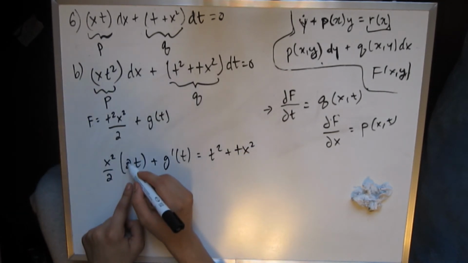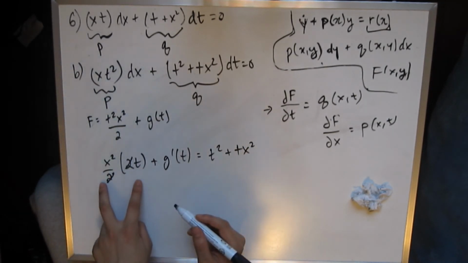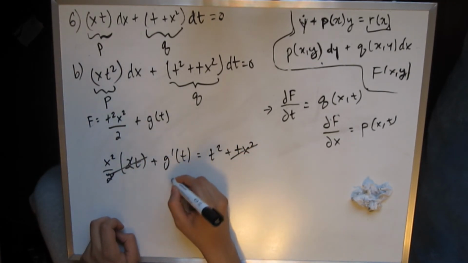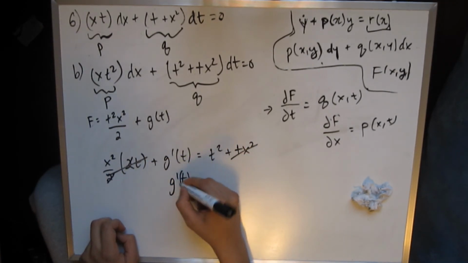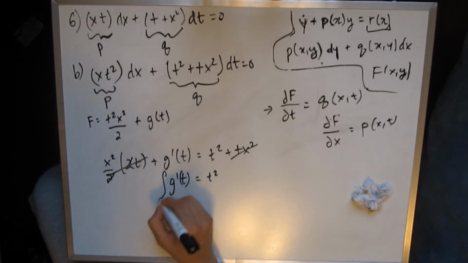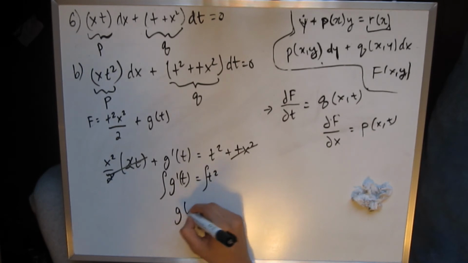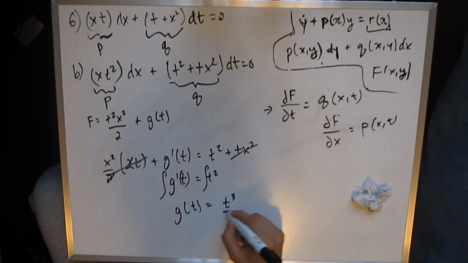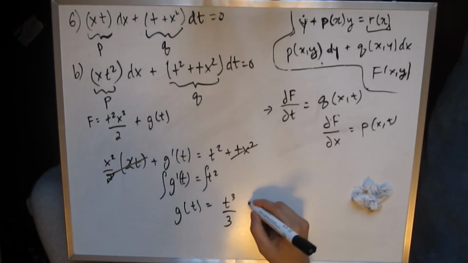Now if you notice, this and this are going to cancel, and you're going to be left with tx squared and tx squared here, so you can just easily cancel them both, and you're just left with g prime of t is equal to t squared, and you just have to integrate both sides to get your g of t. So your g of t is equal to t cubed over 3. Now plus c, sorry.